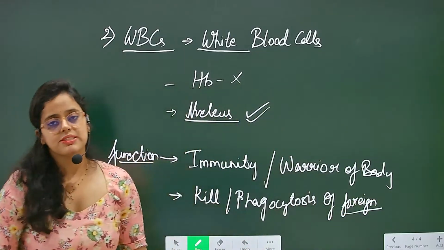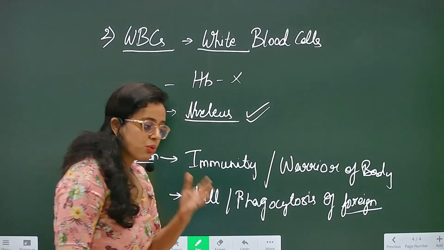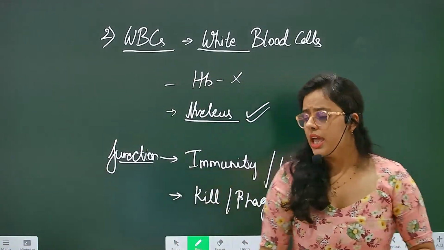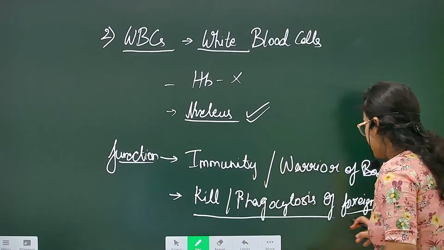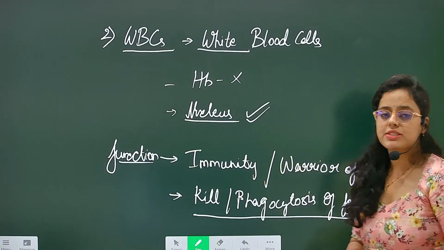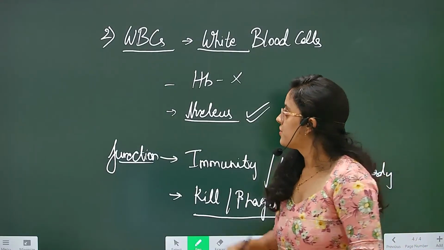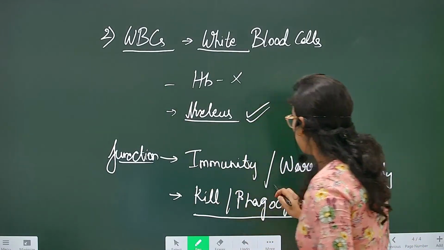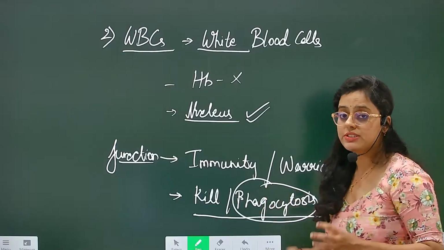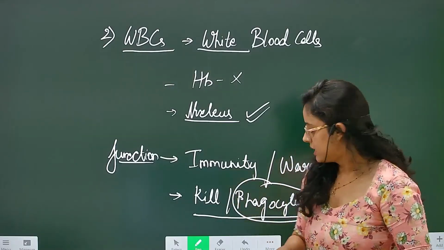These foreign elements can be bacteria, virus, protozoa, worms, any such which are entering the body. What happens? They kill those foreign substances. So this is the WBCs' role. They mainly are involved in phagocytosis. They engulf the foreign substances.